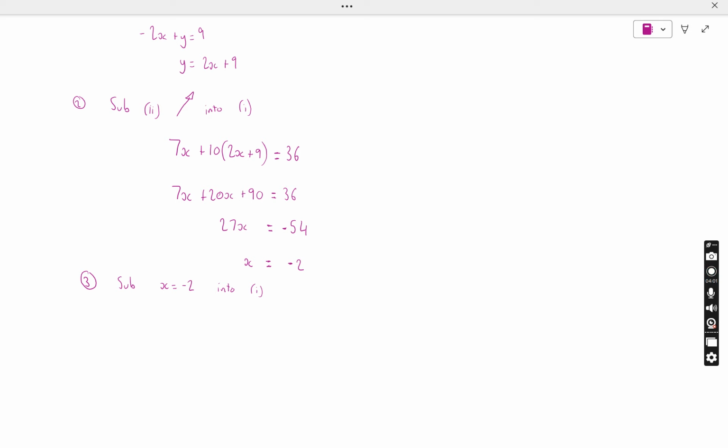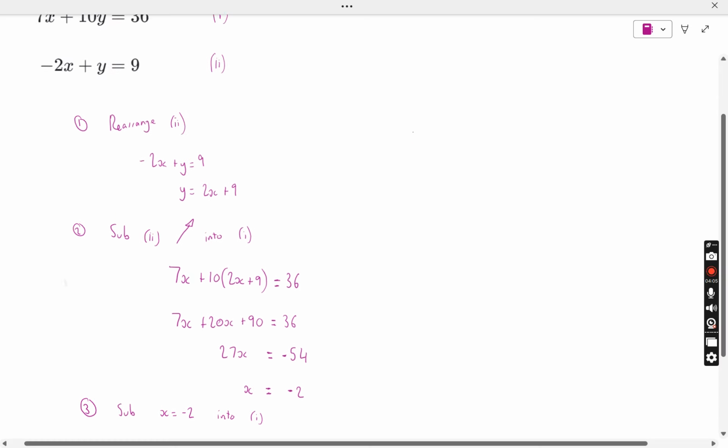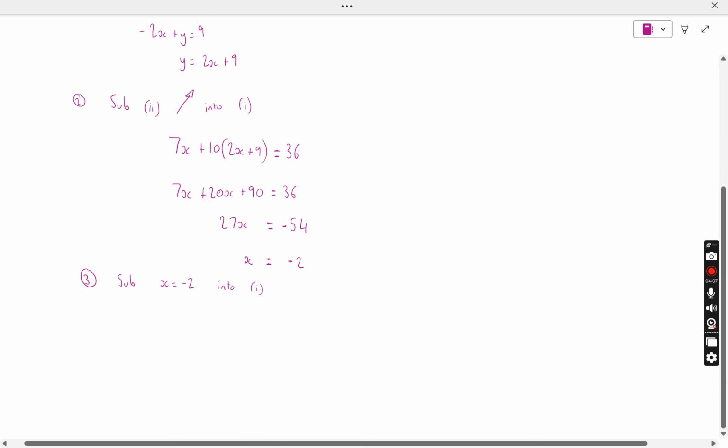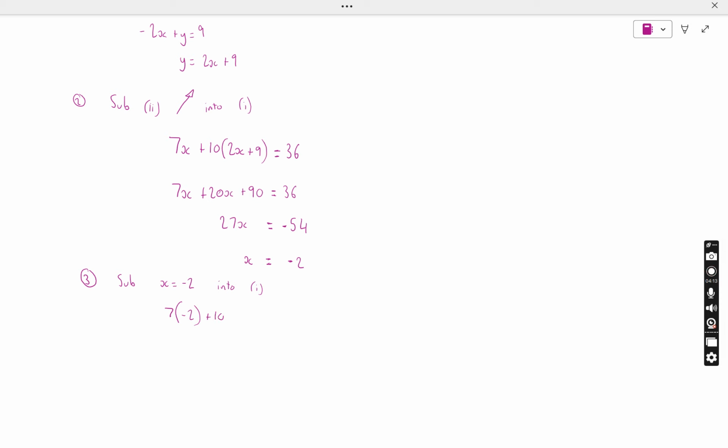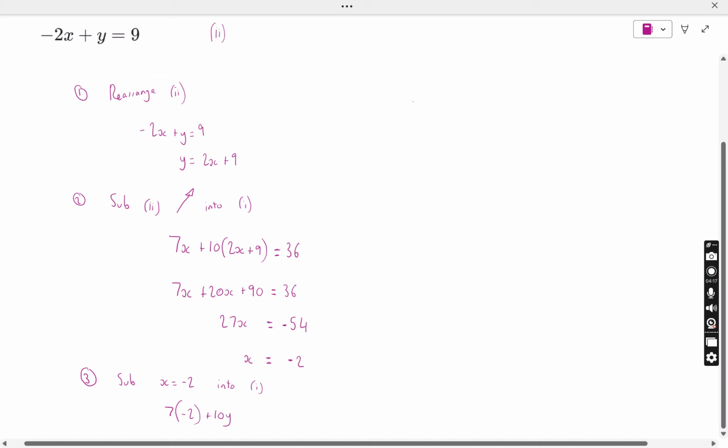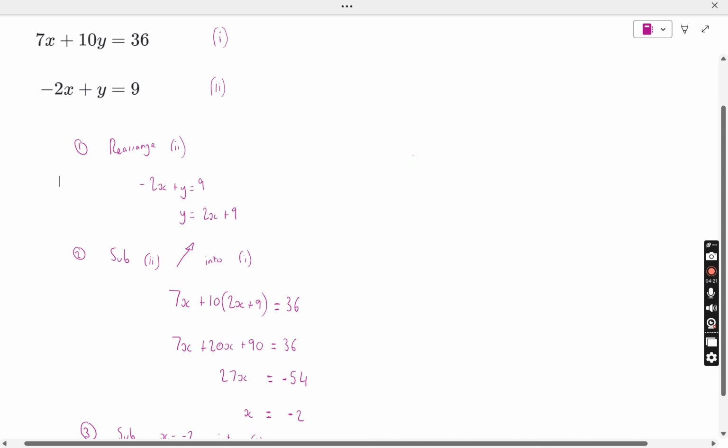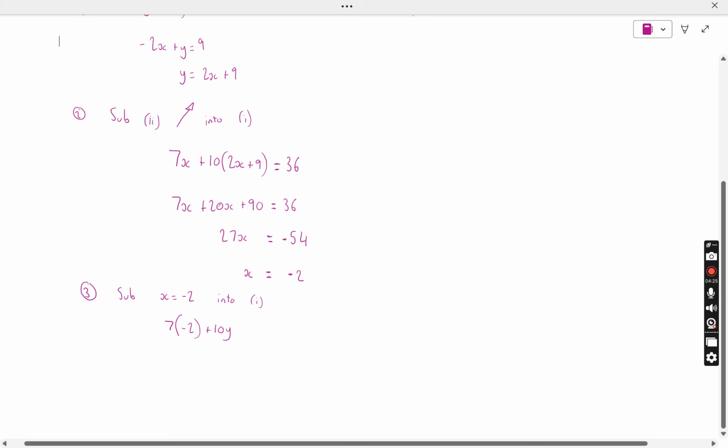So this time, anytime you see an x, you're going to put negative 2 instead. So I've got 7 outside of negative 2 plus 10y. This time we're not wanting to substitute 2x plus 9. We want to substitute y in so we can solve it down, and then we've got equals 36.